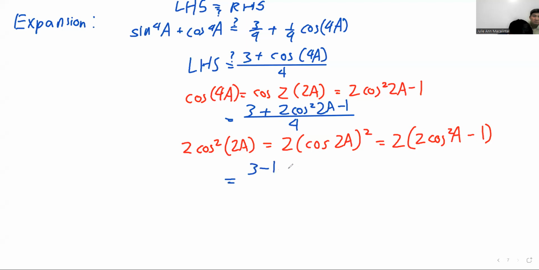And then I will substitute this into 2 cosine squared 2a.